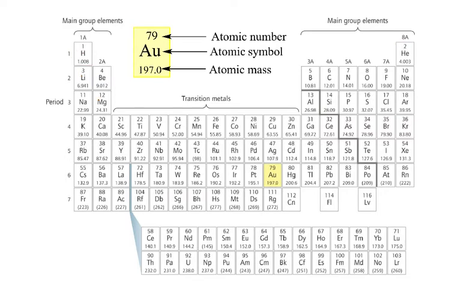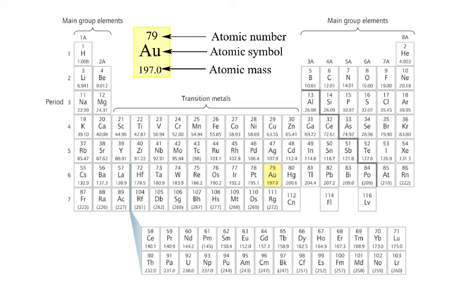So the difference between a hydrogen atom and a helium atom is a proton. Add one more proton, and now you get lithium. Add one more proton, and now you get beryllium. So the element is defined by the number of protons in its atoms.